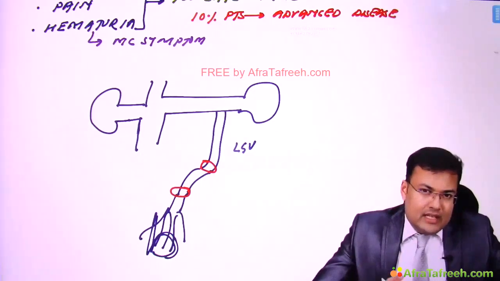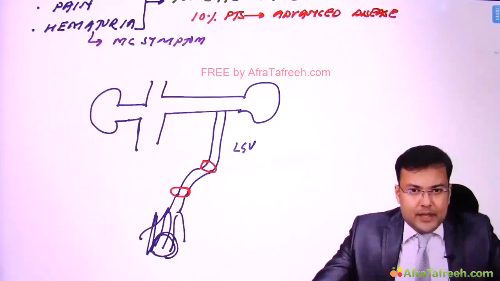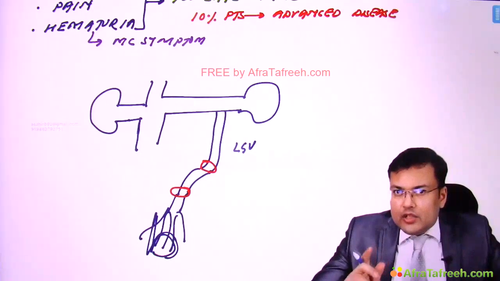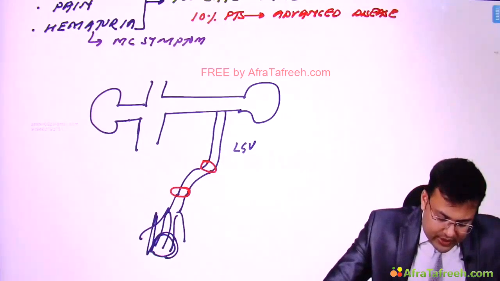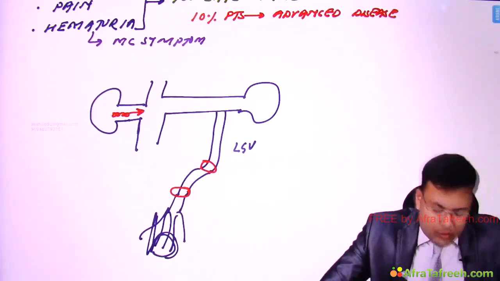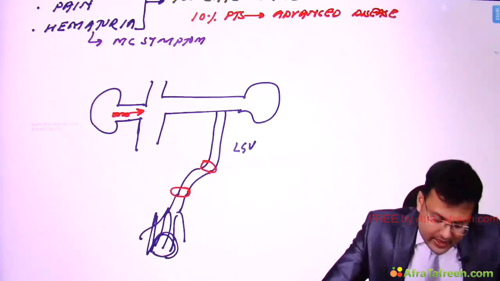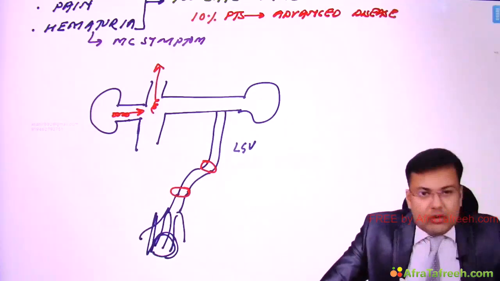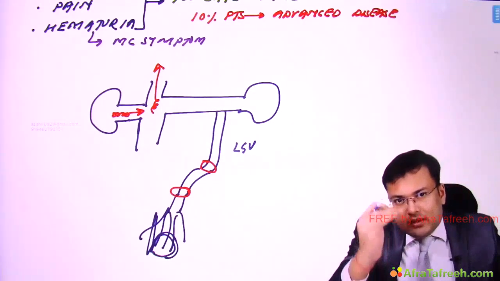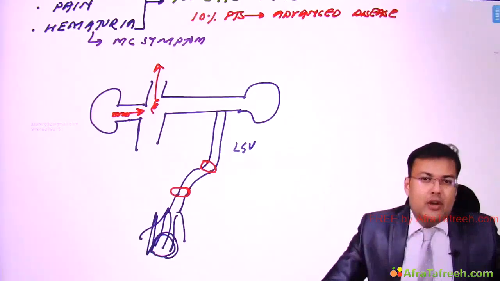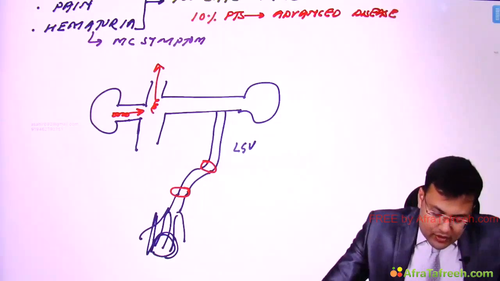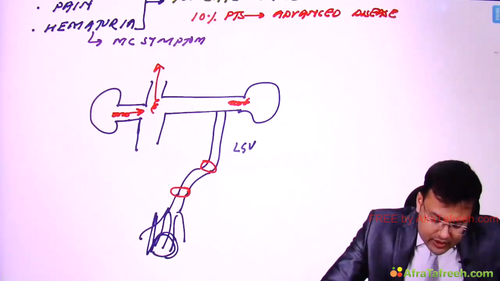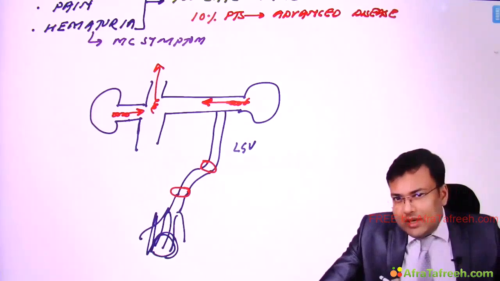You must be knowing that RCC has hematogenous spread, and in RCC there is tumor thrombus also. So see, if there is hematogenous spread, you can see this tumor thrombus goes first into the renal vein, then into the IVC, and in certain patients the tumor thrombus can reach up to the right atrium. Now see the left side. Suppose there is a tumor thrombus going into the left renal vein.